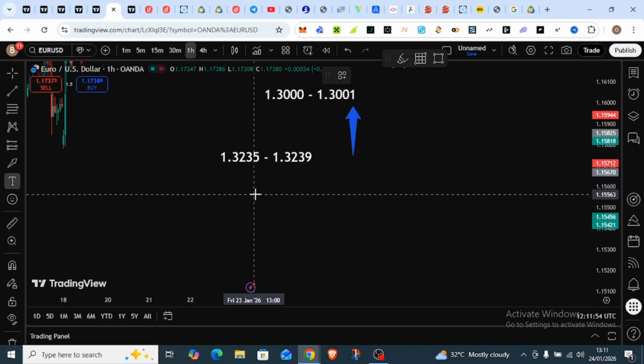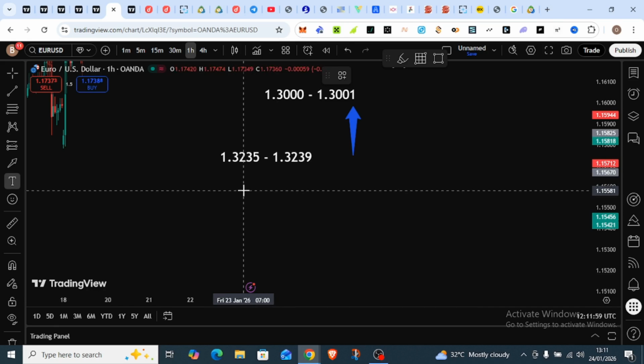So let me show you the simplest way to get this. What you do is subtract the initial price from the final price to get the change in price.